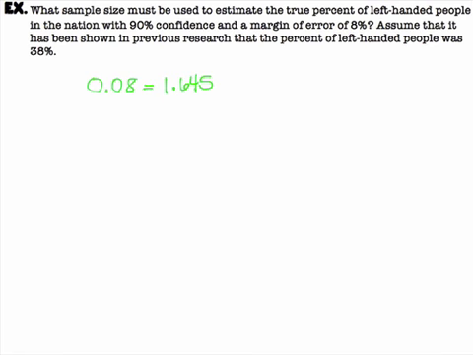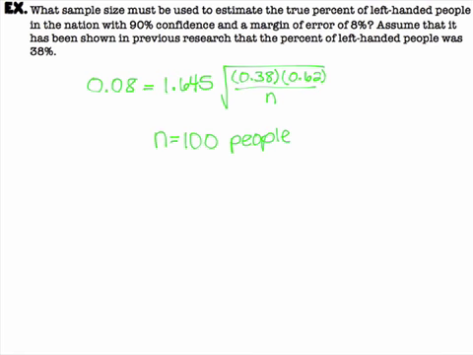A 90% confidence has a z-star value of 1.645. And the square root, they gave me the p hat value of 0.38, so times 1 minus 0.38 over n. So if I work out all the algebra steps there, I get n would be exactly 100 people.